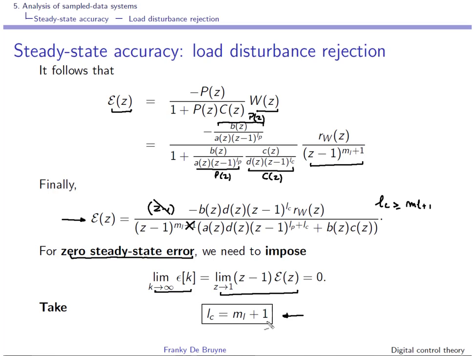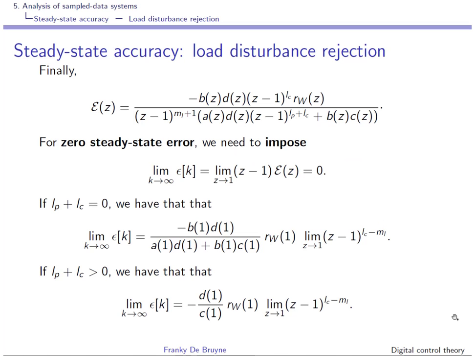Notice that this condition does not involve LP. This is what you have seen in the previous slide. We want a zero steady state error, so we want this limit to be 0, and this is equivalent to this limit over here by the final value theorem.